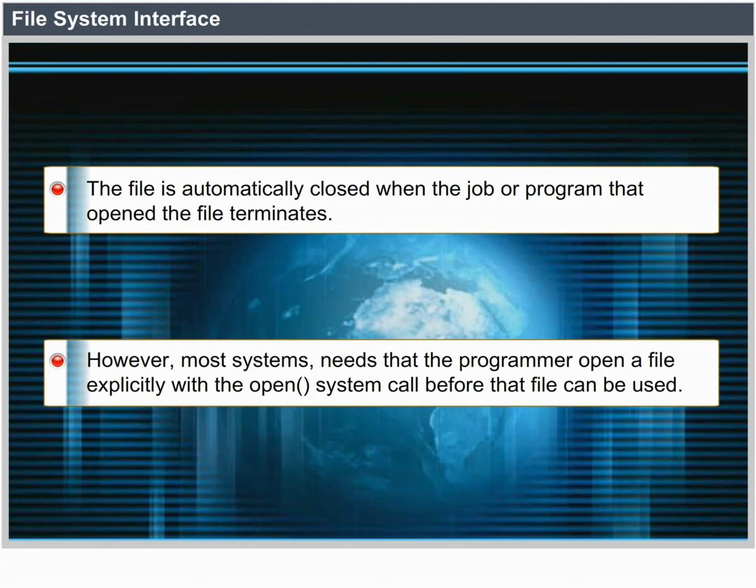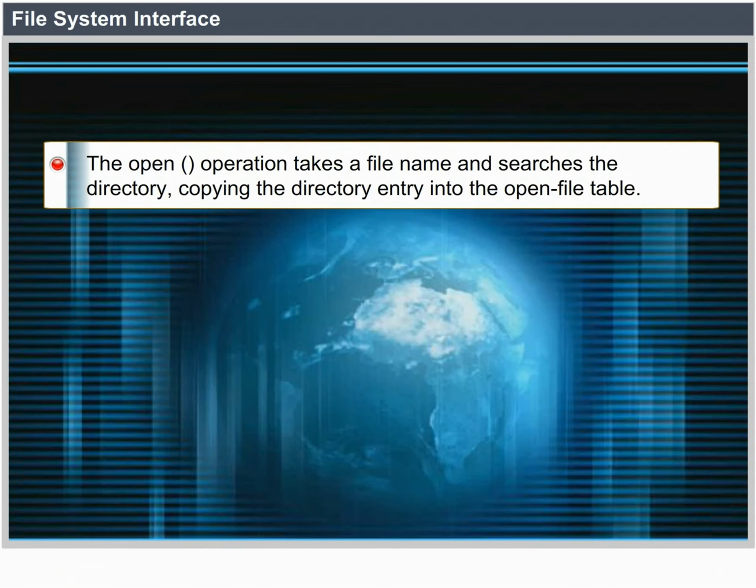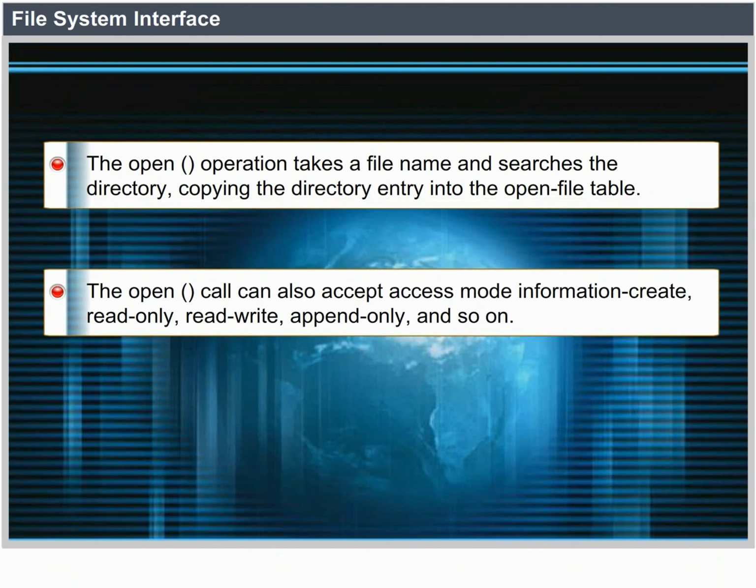The open function operation takes a file name and searches the directory, copying the directory entry into the open file table. The open function call can also accept access mode information: create, read-only, read-write, append-only, and so on. This mode is checked against the file's permissions.